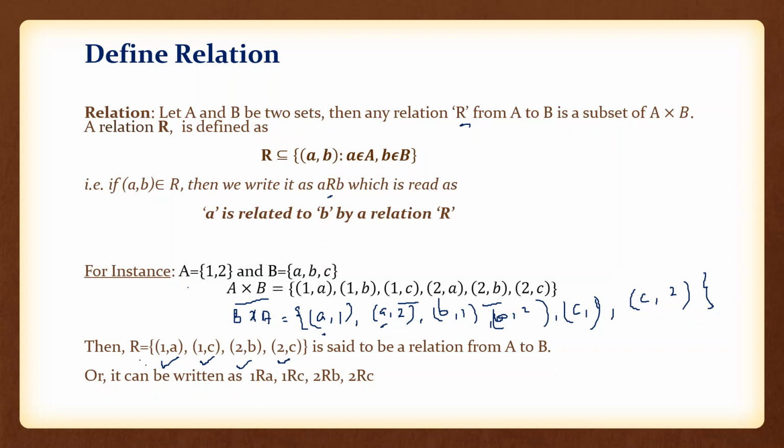So we have to be very careful. A cross B will never be equal to B cross A. It's very important. We have to understand, and we have seen also that A cross B is different from B cross A. And in the given example, yes, this R is a relation from A to B.